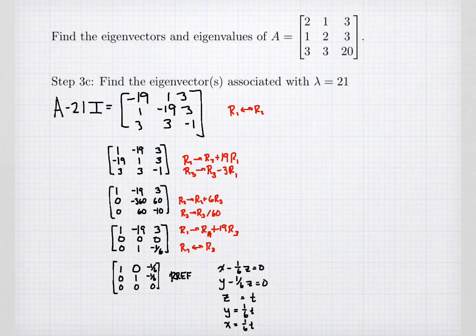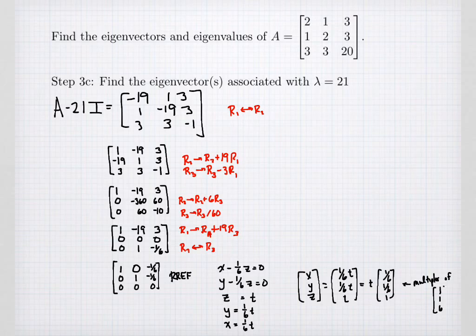And so my solution vectors x, y, z all have the form a sixth of t, a sixth of t, and t. If I factor that out, they're all multiples of 1/6, 1/6, 1. And if I think of multiplying everything by 6, these are all multiples of 1, 1, 6.